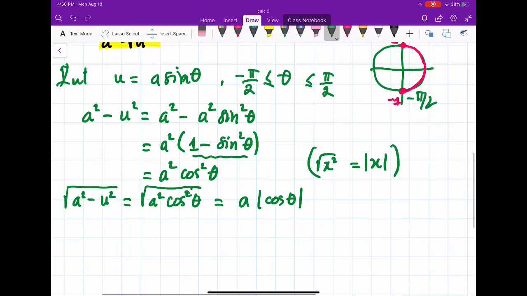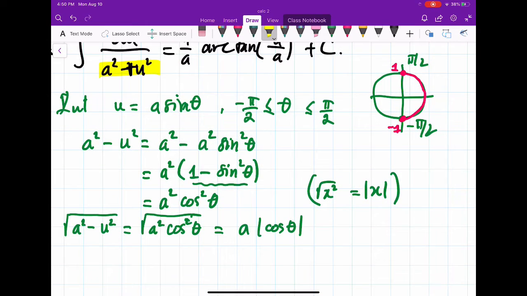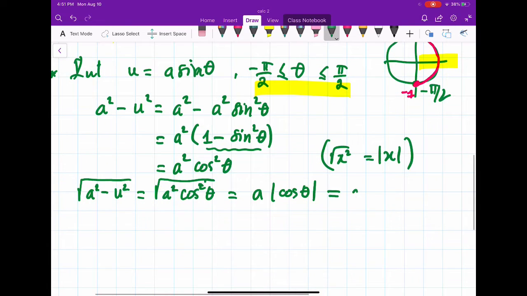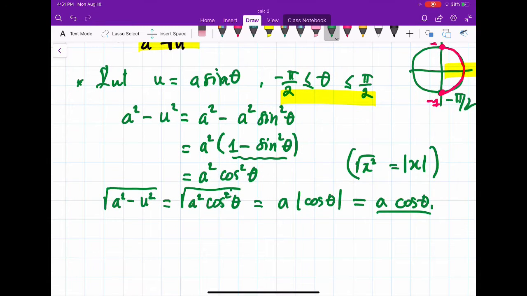But we consider the case when theta is between negative pi over 2 and pi over 2. On this interval, cosine is always non-negative, so absolute value of cosine is just cosine of theta. So I have a cosine of theta. You see, you move from a square root to a very simple function. And now you differentiate: du is a cosine of theta d theta.